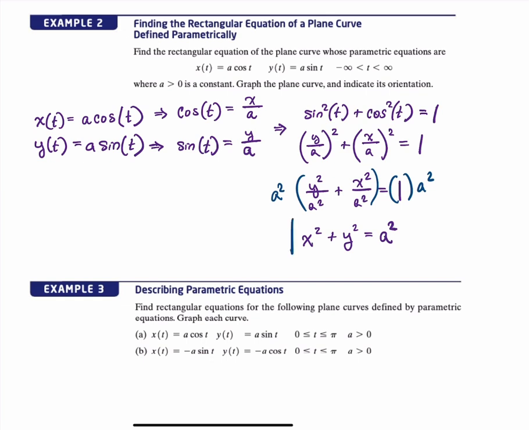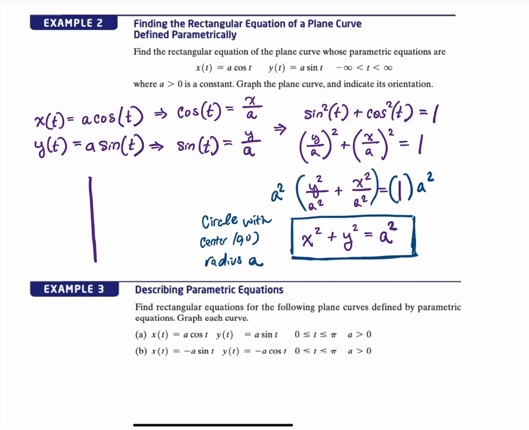So what kind of shape is this? We can recognize this as the equation of a circle centered at the origin with a radius of a. So we'll have some kind of circle.